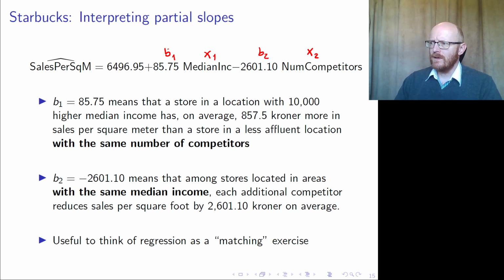The B1 here, the partial slope of 85.75, means that a store in a location with 10,000 higher median income has on average 857.5 kroners more in sales.